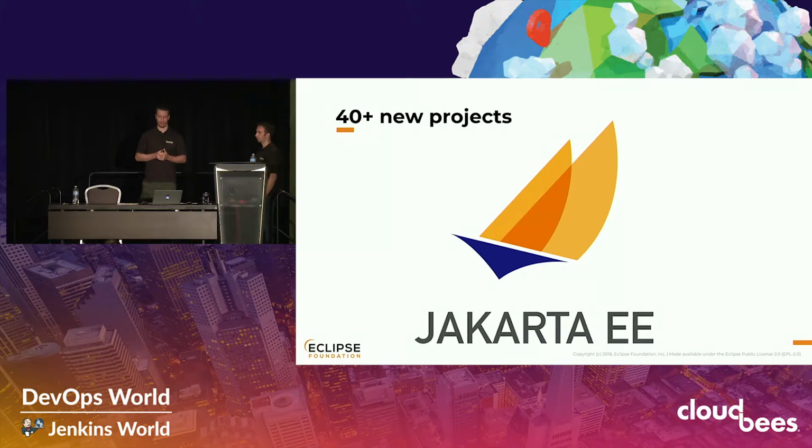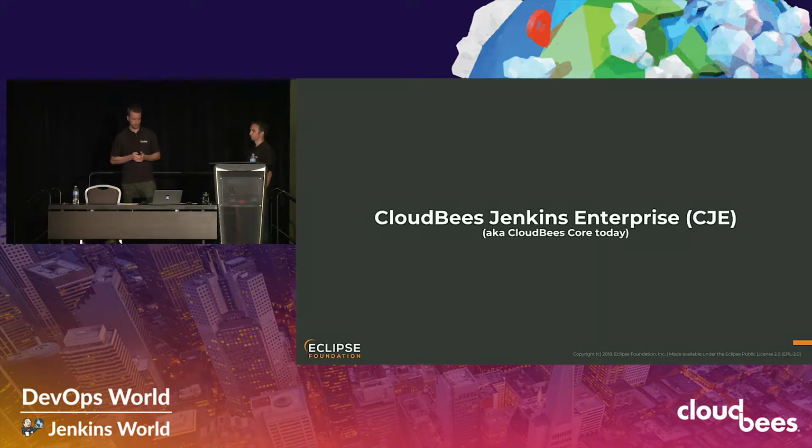And so especially for Glassfish and the TCK, the Technology Compatibility Kit, it will require a lot of resources just to build them. And so this was kind of the last nail in the coffin for our current setup. We knew that we had to step up our game. And that's where CJE, or now it's called Core, came into play. And Mikael will explain a bit about it.